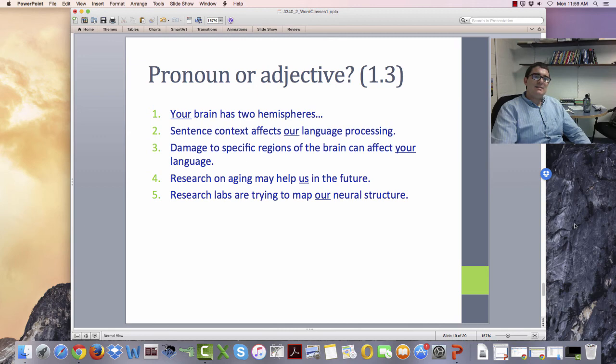Sentence context affects processing. So the adjective our is telling us who's processing. It's helping us know about this noun processing. The only sentence where we actually have a pronoun is number 4. Research on aging may help us. Us is not telling us about a noun. Us is not modifying a noun.